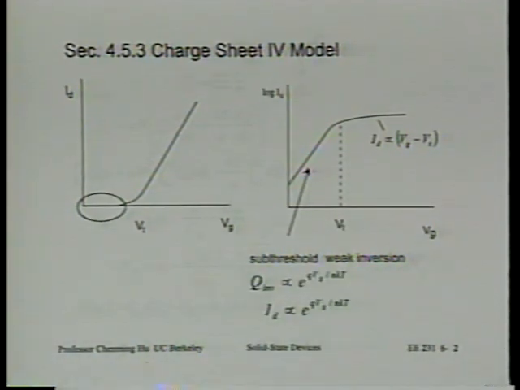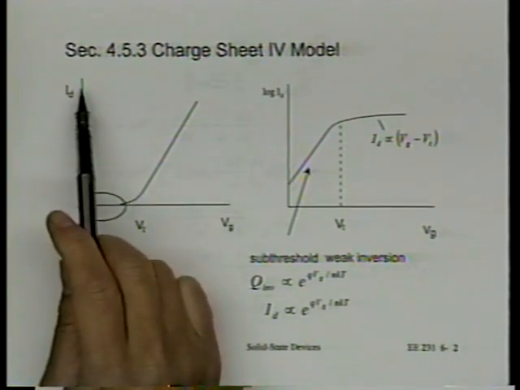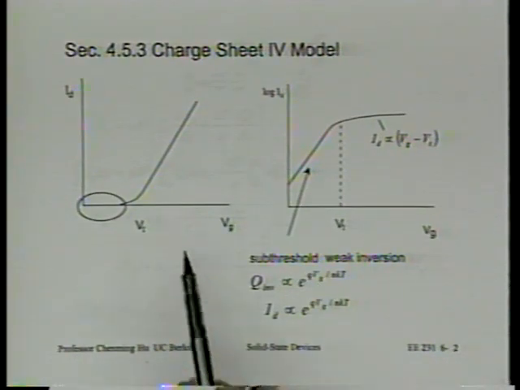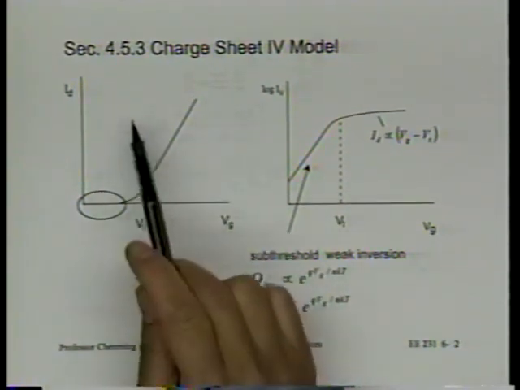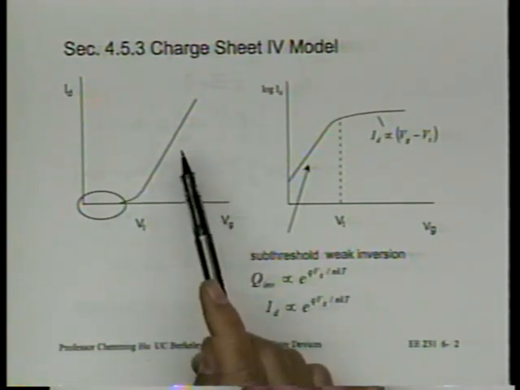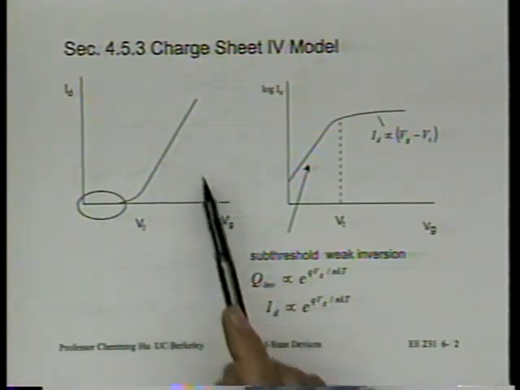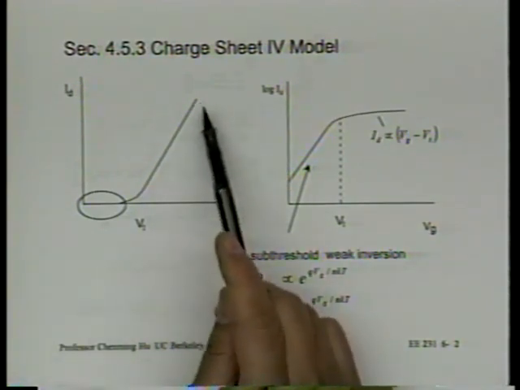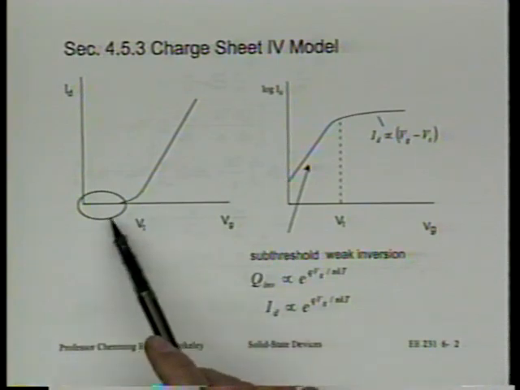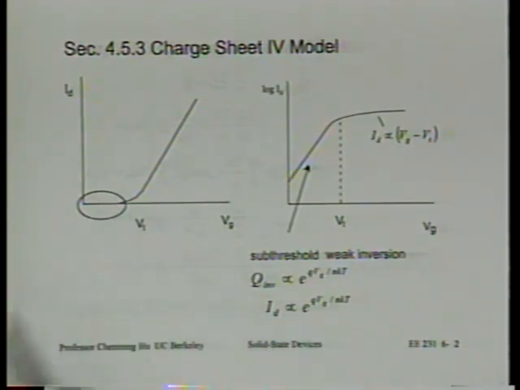To introduce that, let me point out that if we draw ID versus VG, not only do we have a region where ID increases proportional to the second power of Vg minus Vt, which is this part, strong inversion, there's also some current flow at Vg less than Vt.